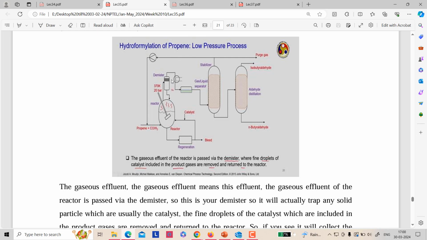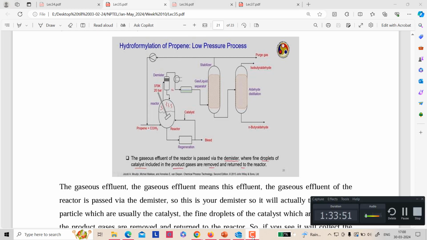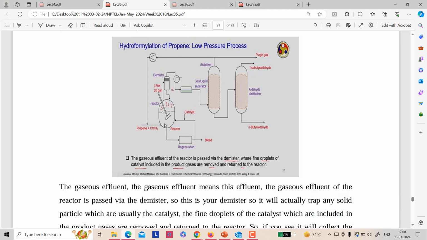This is the demister, where the fine droplets of catalyst infused in the product gases are removed and returned to the reactor.